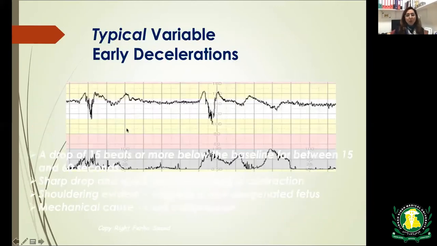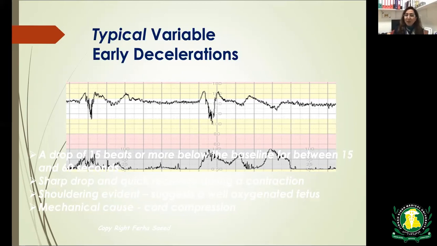So during a normal baseline, if suddenly there is a contraction, the baby drops the heart rate. And this drop is actually due to compression of the umbilical cord. And that umbilical cord tells those baroreceptors sitting on the aortic arch as well as on the carotid arteries that this is a time to save the baby, drop the heart rate.